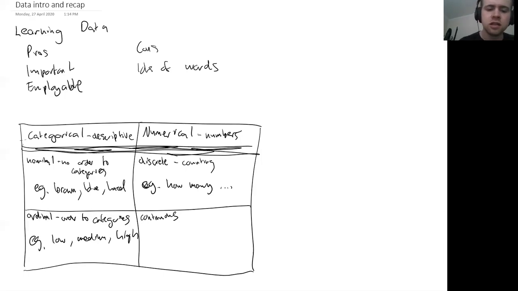Continuous data is something that is measured. When you measure something, theoretically, you can have any value in between two whole numbers. If I was weighing or measuring something, say how tall people were in a classroom, you could have 1.5 meters, 1.6 meters, 1.65 meters, depending on how accurate you go.